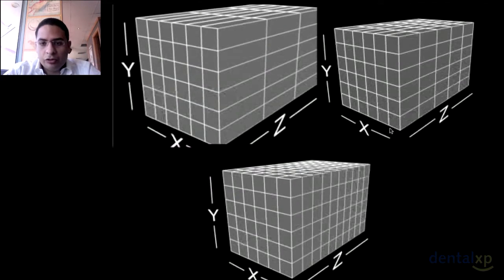But if we go to the geometric resolution in the X, Y, and Z plane, the cone beam CT surely has what we call an isotropic resolution, which means that this cube of volume that is imaged has equal X, Y, and Z dimensions, while in the regular CT the X and Y might be equal, but the Z is different depending on the slice thickness or the slice pitch.